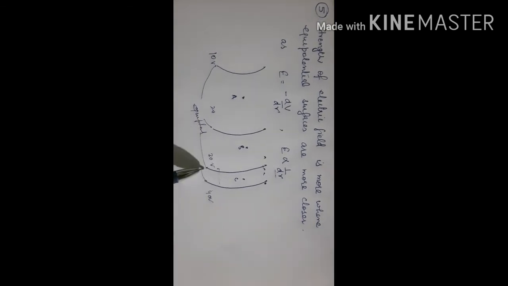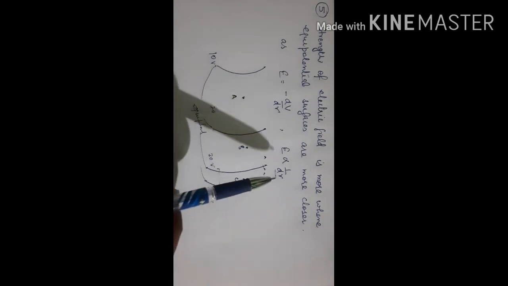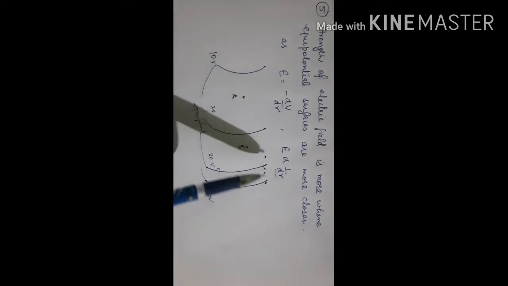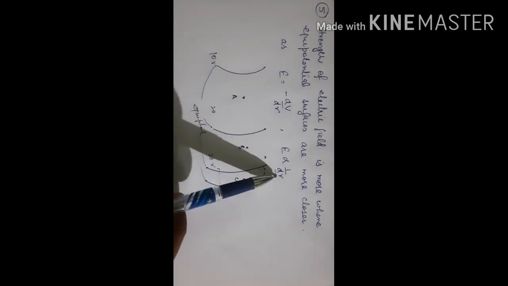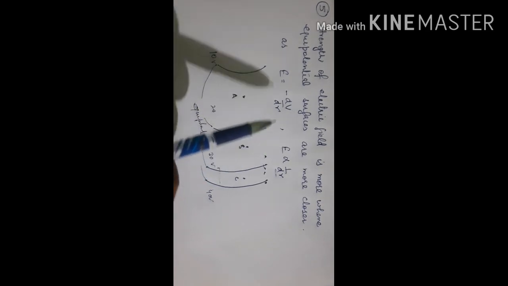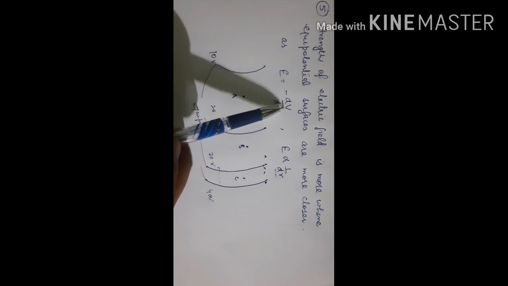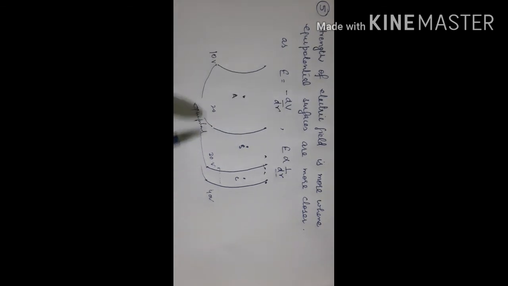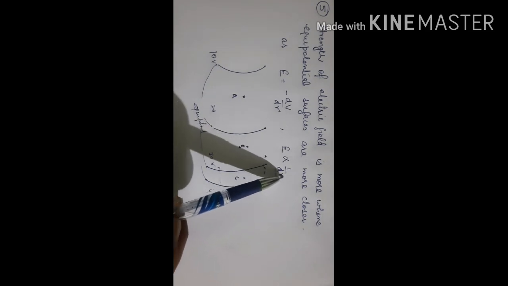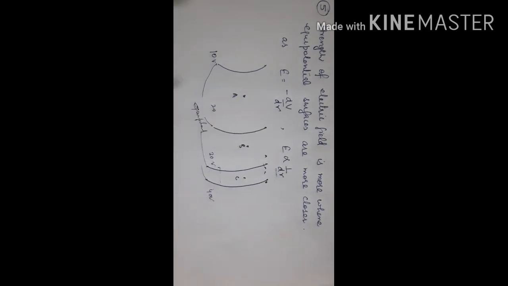Where the distance between the equipotential surfaces is less, the electric field will be more. The difference of potential between the surfaces is equal, 10, 10, 10. Then where the surfaces are closer, the electric field will be more.